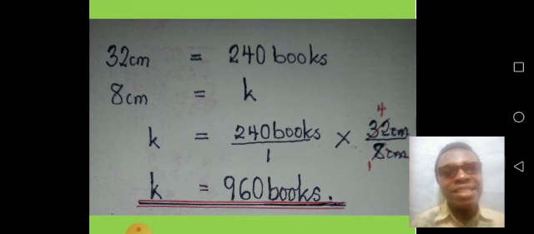So the smaller the size of the book, the more you can put into the shelf. And the bigger the size of the book, the fewer can go into the shelf. So remember, if you have a big box, few will go into your shelf, but if you have tiny paper, more of them will go into the shelf, and this is indirect proportion.